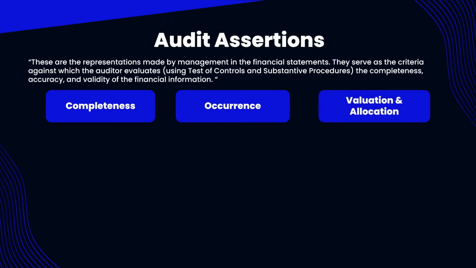Valuation and allocation. The management asserts that all assets, liabilities, revenues, and expenses are appropriately valued and allocated. So auditors examine the methods used to determine values and allocations to ensure they are compliant with accounting standards and principles.